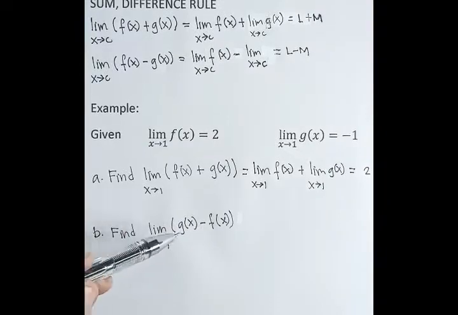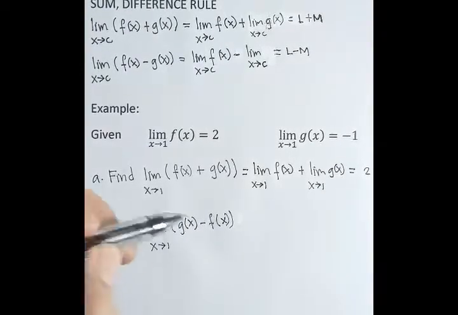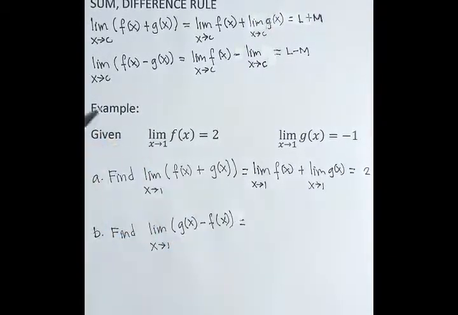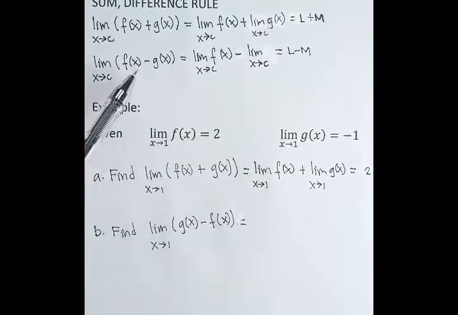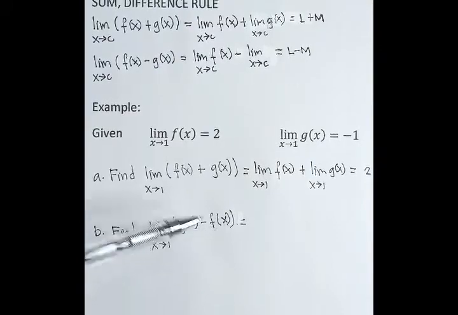For number 2, or letter B, it is the difference. Then we're given the same limits. So again, since it is a difference, we follow the rule. In this case, the g function of x comes first, minus the function of x.